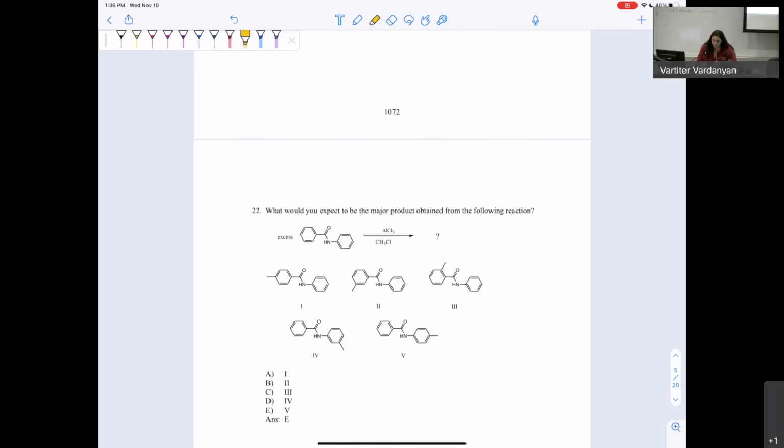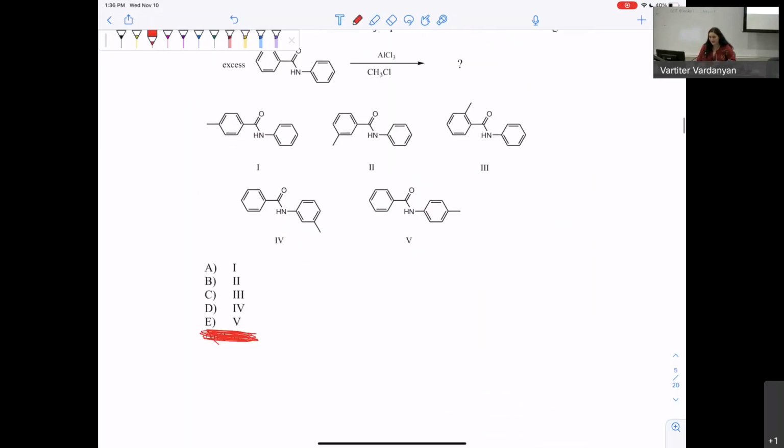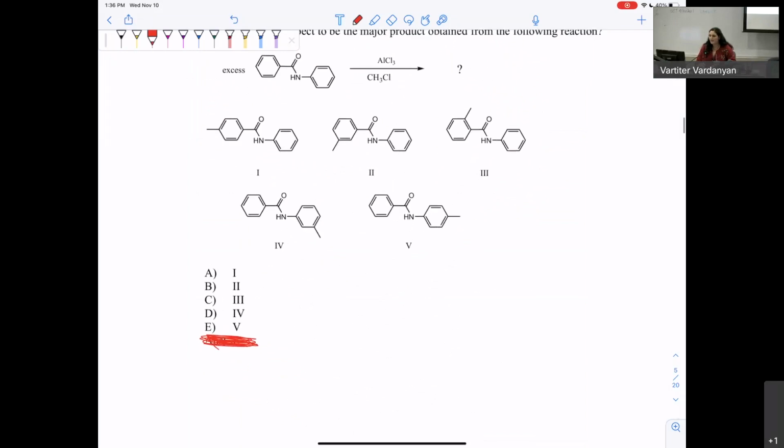Alrighty, let's do this one. And I just figured out how to cross out the answers without you guys seeing it, so haha. I know we've done this one before at the last exam review, but we're going to do it again. So this is one of the examples where he gives you excess and then people freak out and then excess doesn't actually mean anything. So we're just going to cross it out.